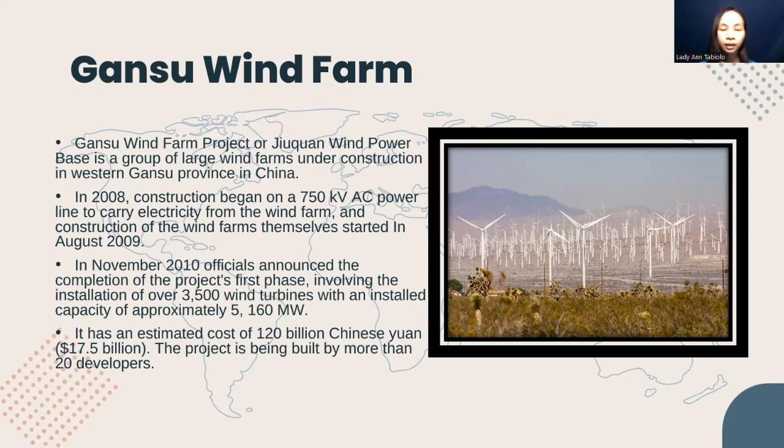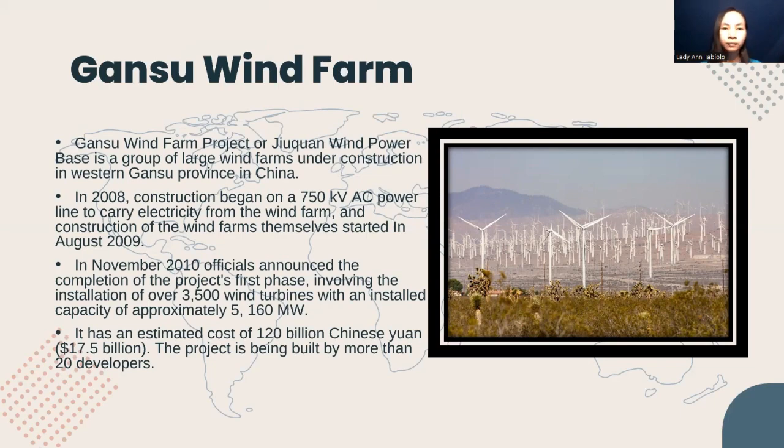And then the project is being built by more than 20 developers. Ayan, ang target wind turbines nila is about 7,000 wind turbines na itatayo nila. According din sa sinabi ko kanina sa previous slide, ang target nilang capacity ay 20,000 megawatt kapag natapos na to.